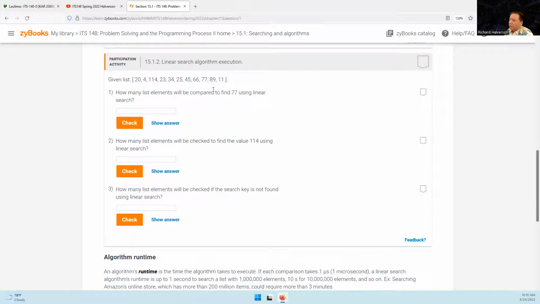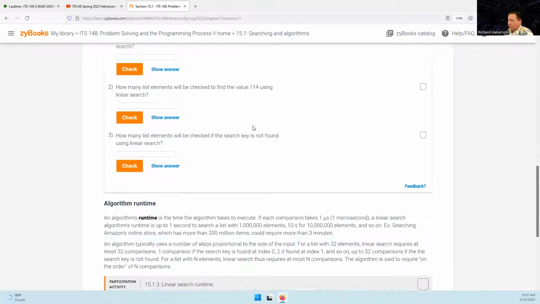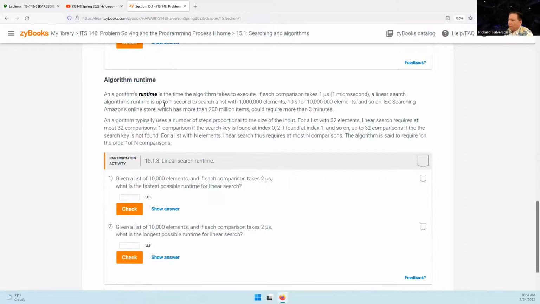So make sure you understand linear search. Very simple. The runtime here is where the amount of time that it takes is proportional to the number of elements in the list. For a list with n elements, the linear search thus requires at most n comparisons.